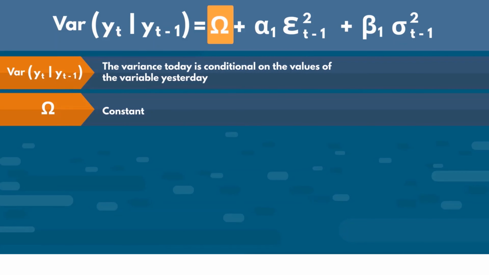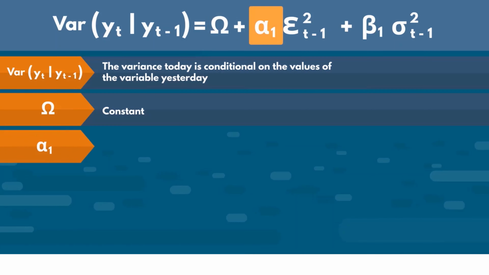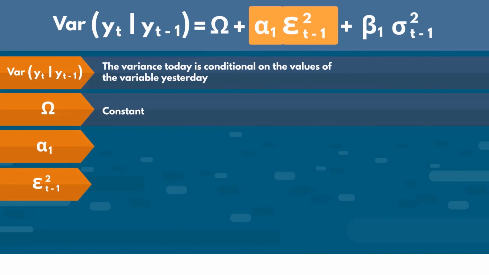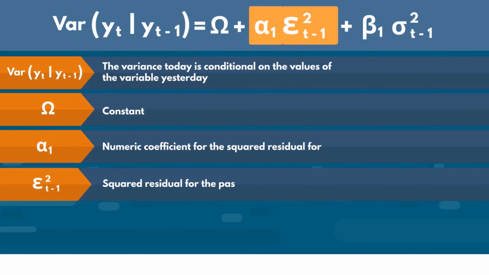Here, however, we could potentially have two, the squared residuals and the conditional variance. Thus, to avoid confusion, we use an unambiguous coefficient name, omega. We continue with alpha 1 and epsilon t minus 1 squared. These represent the squared residual for the past period, as well as its coefficient, alpha. I believe you're familiar with this from the last section.